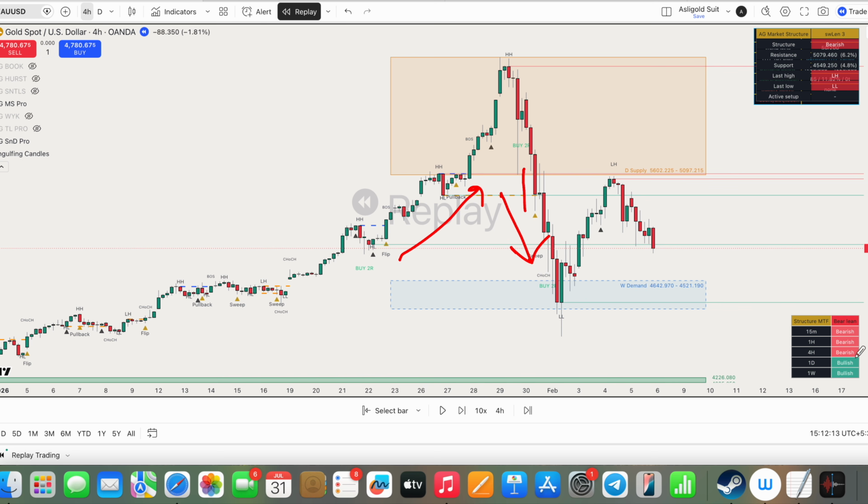A CHOCH does not automatically confirm a full downtrend. If price then forms a lower high and breaks below a fresh low, that continuation break would be a bearish break of structure, or BOS. So the rule of thumb is simple: as long as price keeps printing higher highs and higher lows, respect the uptrend. When the protected higher low breaks, stop assuming the trend is still intact and wait for confirmation.